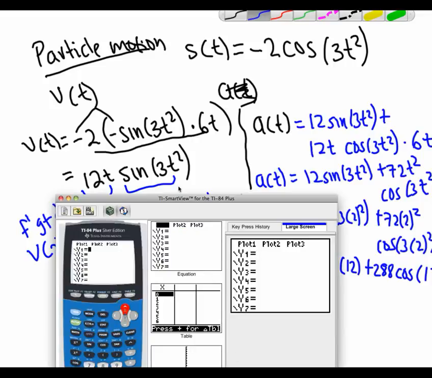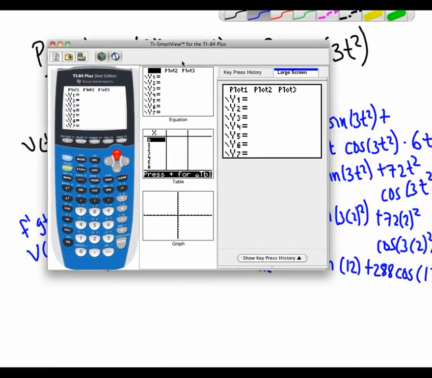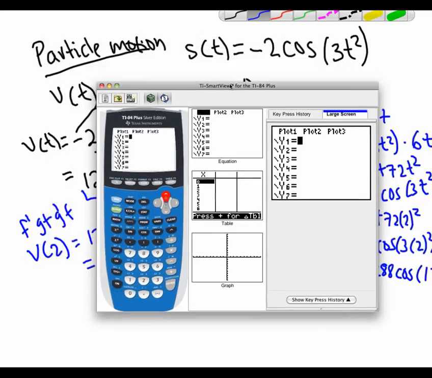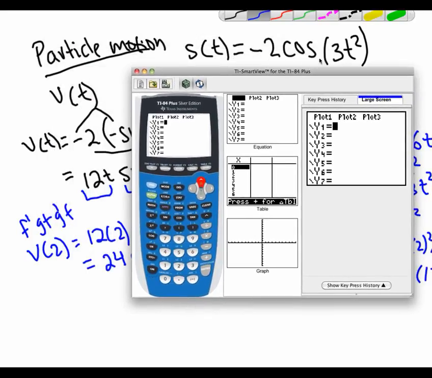So here we go. Let's go back now. Let's say I want to evaluate the velocity function at t equals 2. The first thing you have to do is enter your original position function. In this case, it's -2 cosine of 3t squared, but we don't have t, so we use x, close parentheses. That is your position function.